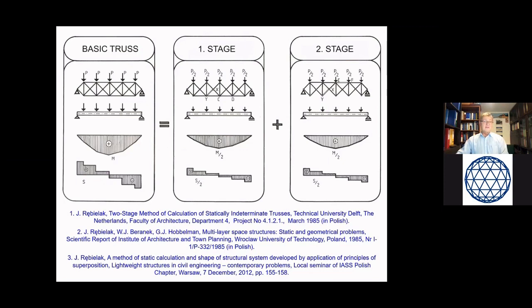The final values of these forces acting in members of the basic truss will be the resultants of values of forces detected in each stage in members having counterpart positions in the statically determinate trusses.